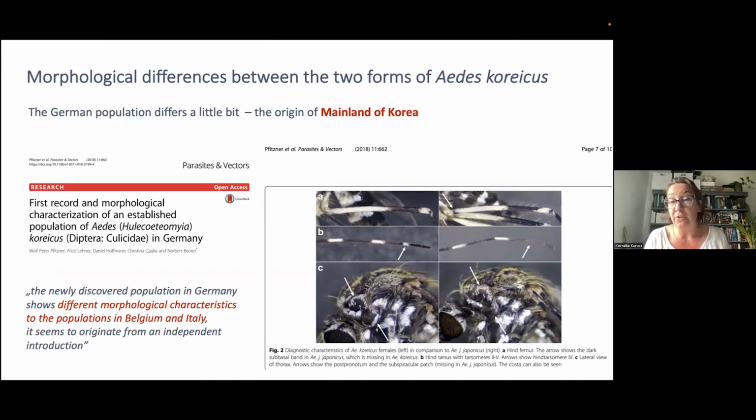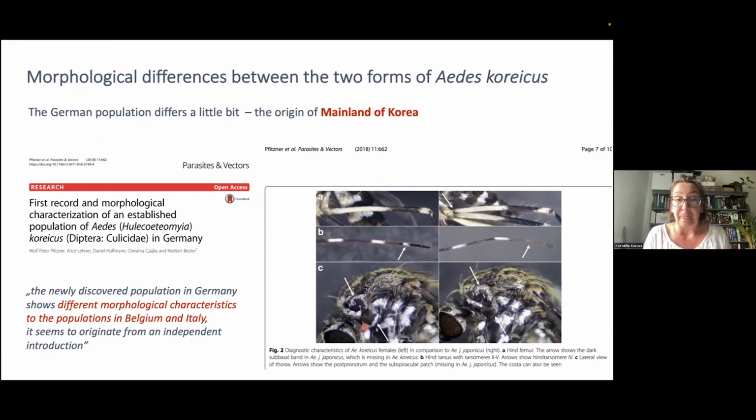Of course, it's very hard to prove that, but we expect that we have several independent introductions into Europe. So not just a first arrived population that then spread across the continent, but we can face more independent introductions as well.